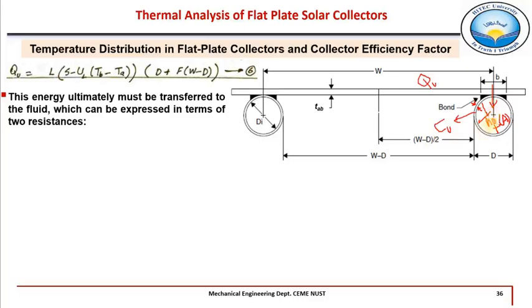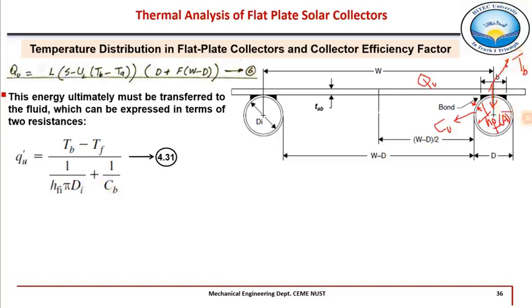Right, so now the same Q which will be transferred to this fluid has to encounter these two thermal resistances. At this point the temperature is Tb, and inside this pipe the fluid temperature is Tf. This local fluid temperature is given as Tf. So this is the temperature difference, Tb minus Tf, and due to this temperature difference, the same heat which was gained by the absorber sheet will be transferred to this fluid.